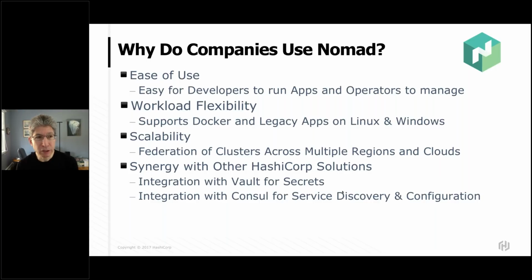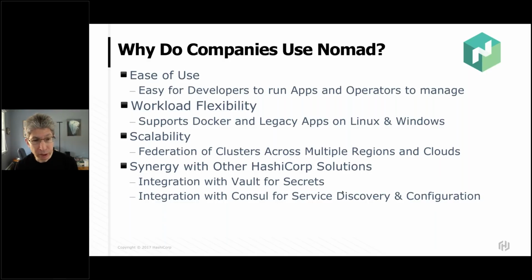Other reasons that companies use Nomad include ease of use. It's easy for developers to run their applications and for operators to manage the Nomad clusters. Workload flexibility is also important. Nomad supports both Docker applications, but also legacy apps. In other words, non-containerized applications, and it does that on Linux and Windows. So you're not constrained in terms of the kind of applications that you can deploy.